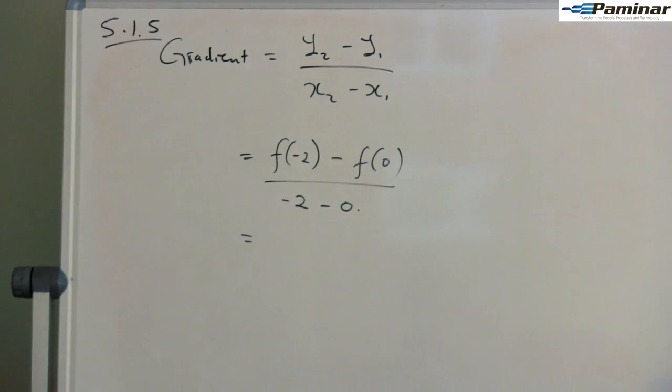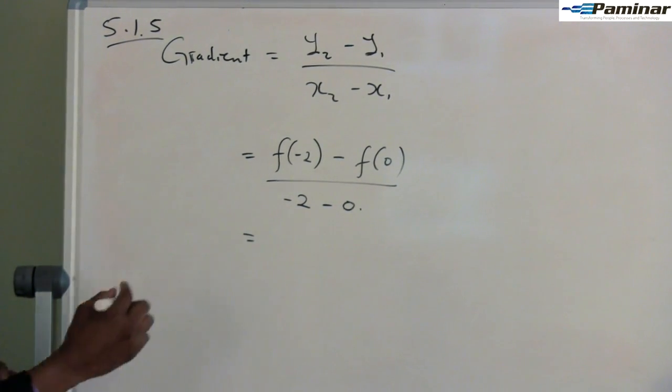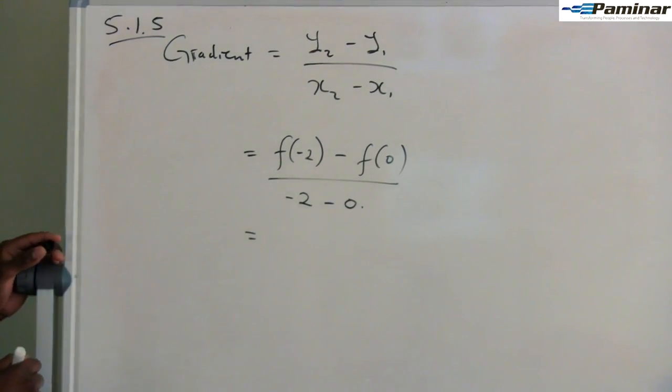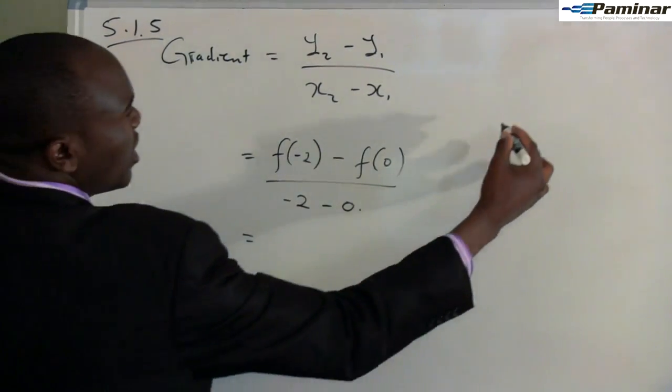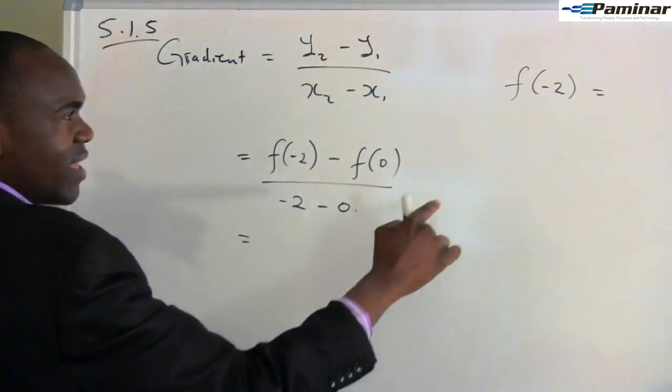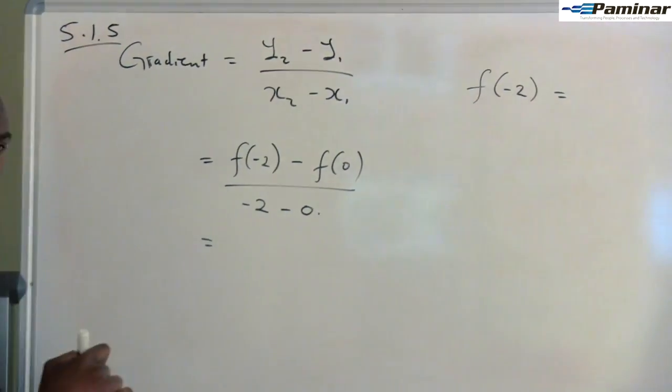Okay, you follow? So now, what is f of -2? We put it into our function. Whenever there is x, what are we going to put? -2.